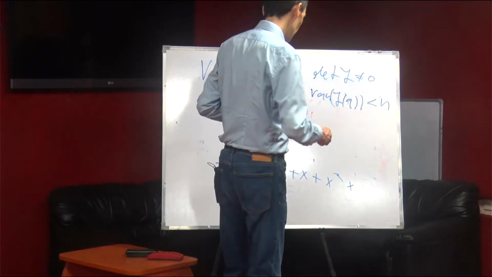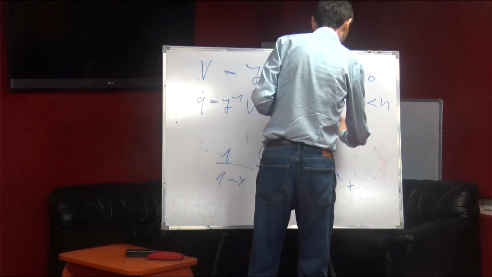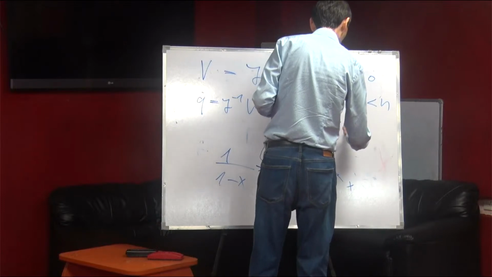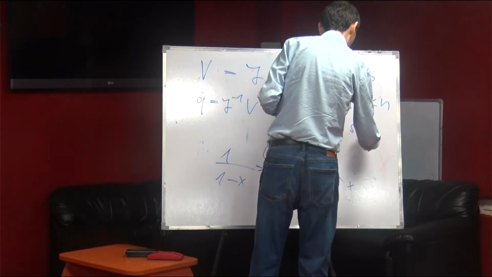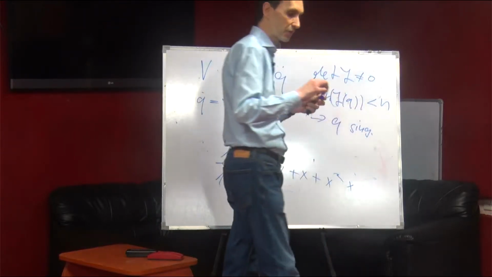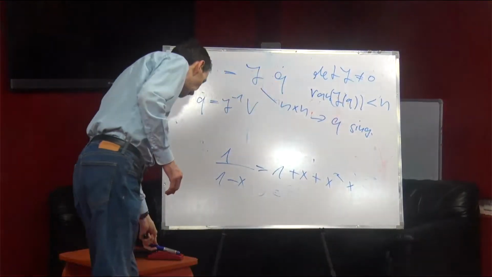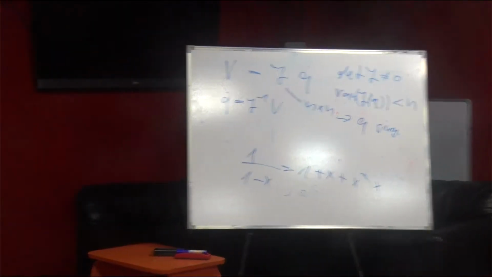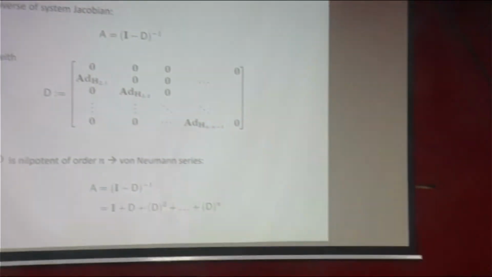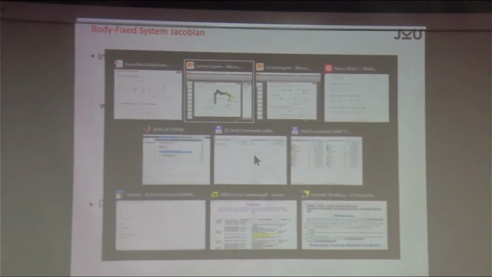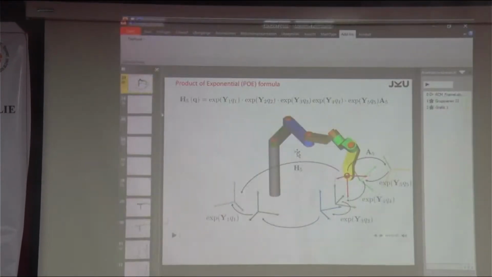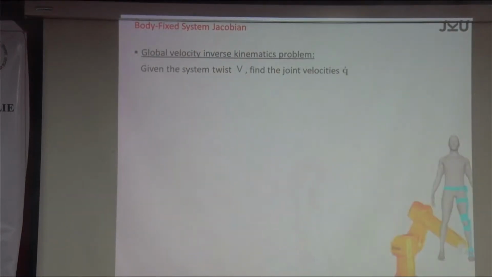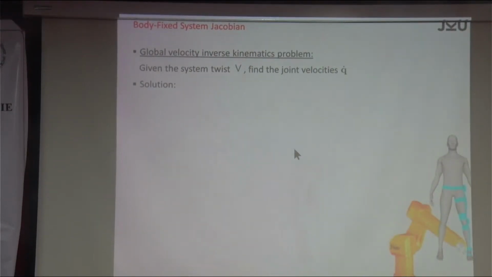In our case. Good. And if this is the case, then q is a singularity. Okay, this is, very simply speaking, how it is. And when does it happen to have a singular Jacobian? Or does it not happen? No. When does it happen?